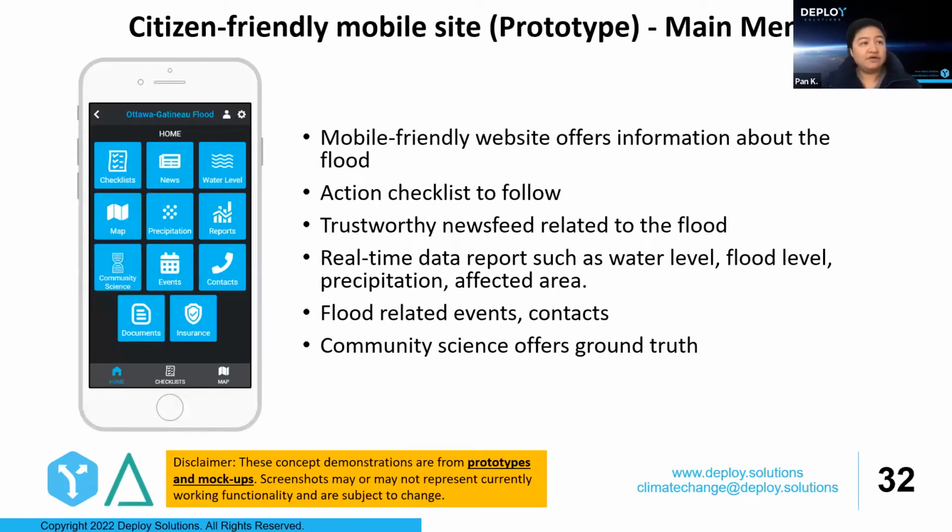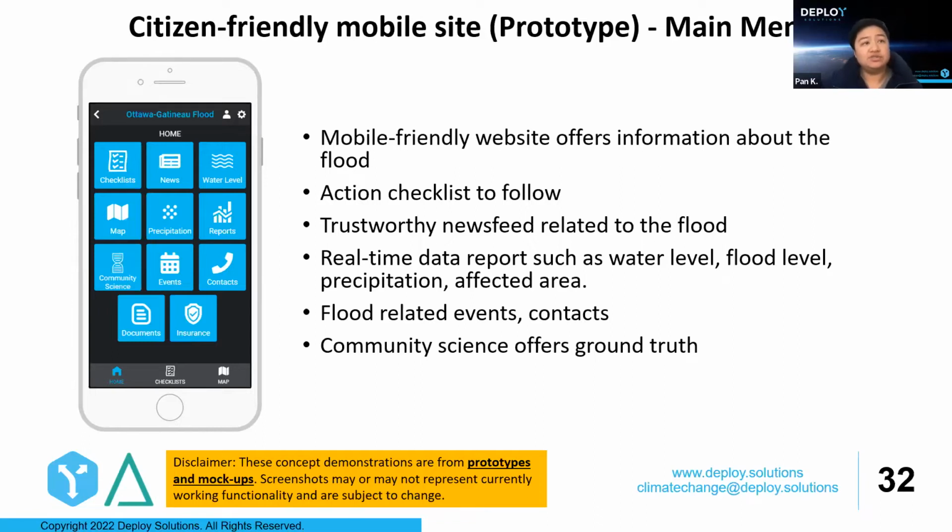So here we have a prototype of a flood disaster in Ottawa, Gatineau. Let's start with the main menu of the citizen focus application. From this menu, you can see we offer a guided checklist on what to do in the flood and a related trustworthy news feed, and scientific data such as water level, flood level, precipitation, and affected areas.